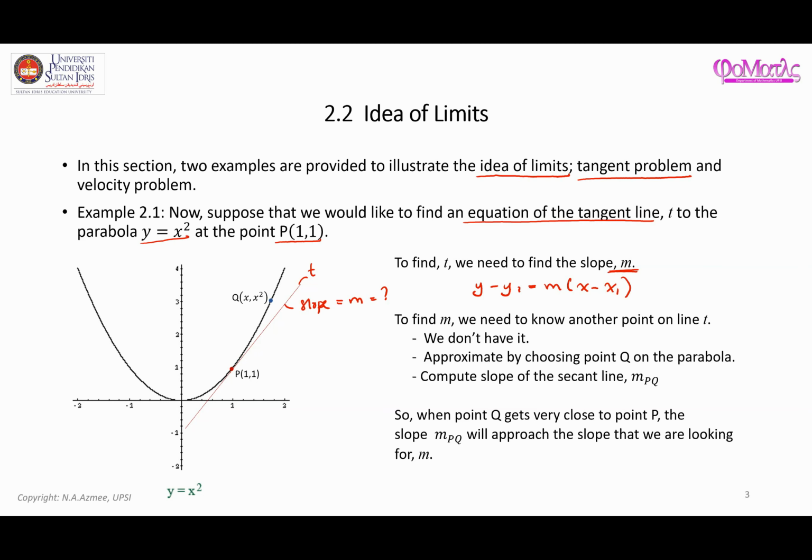Now our first challenge is to find m, and for that purpose you need to know another point on line T, on this red line here. Unfortunately, you don't have it. You don't know any other point on the line. So what we can do is approximate the slope.